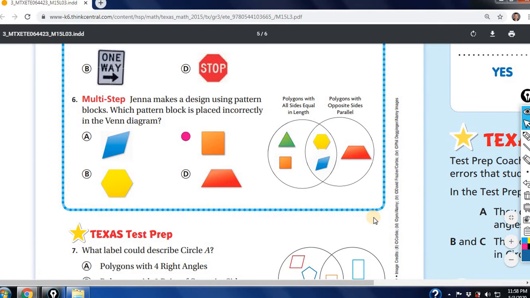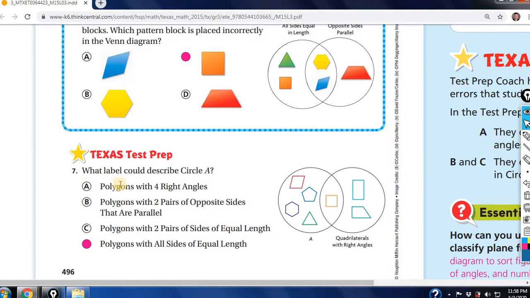The next one, what label could describe circle A? So this circle B has quadrilaterals with right angles, so we're looking at polygons here. Our choice, polygons with 4 right angles, well, they all must have 4 right angles, and they do not.